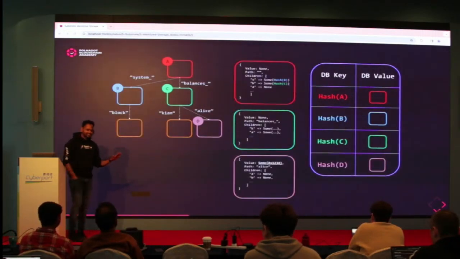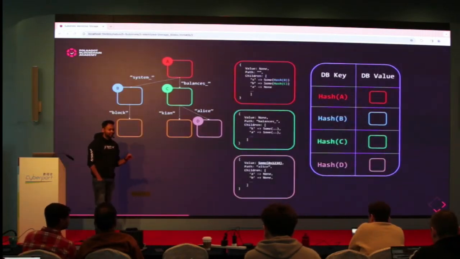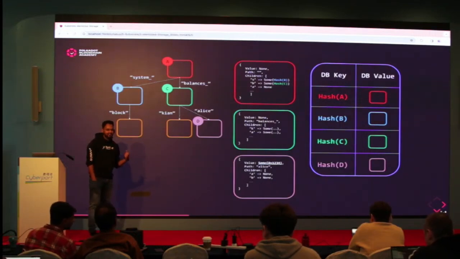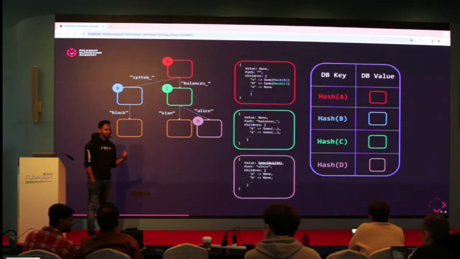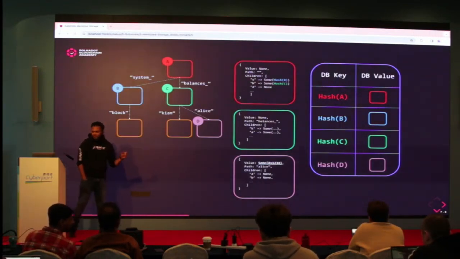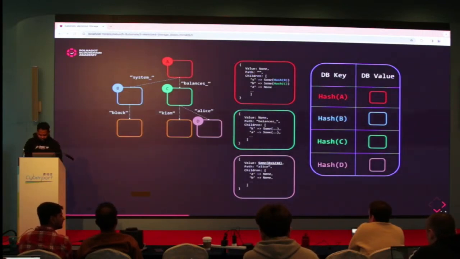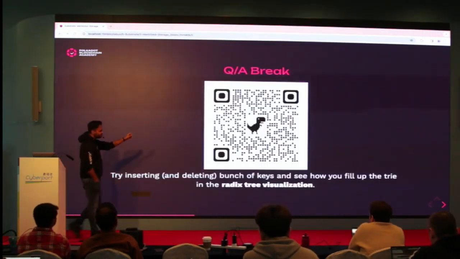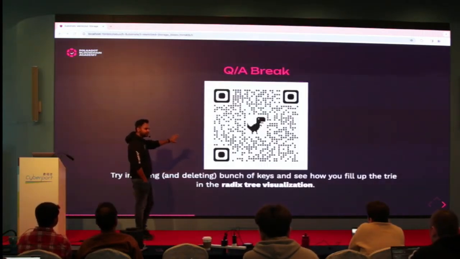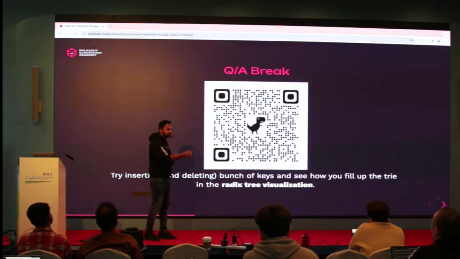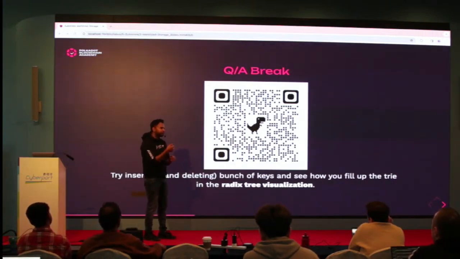I'm going to pause here. Any more questions? On my next slide there is this link. It actually is a visualizer. You can see what happens when you insert something or try to read something.